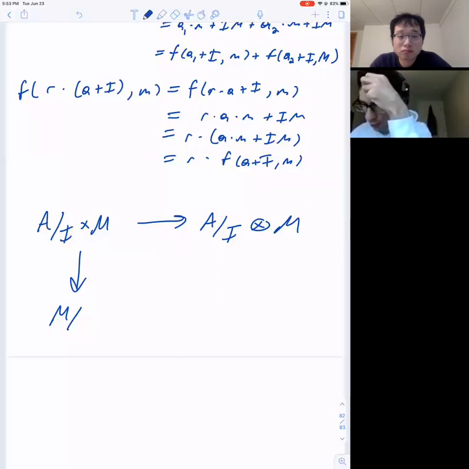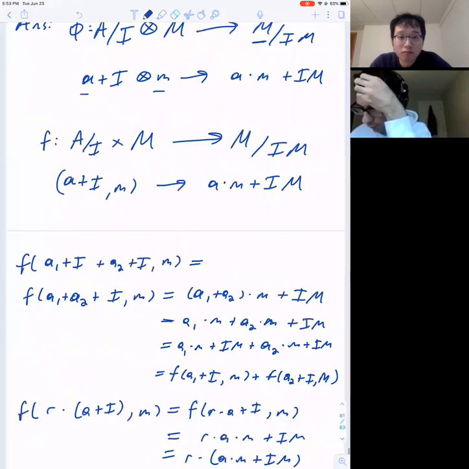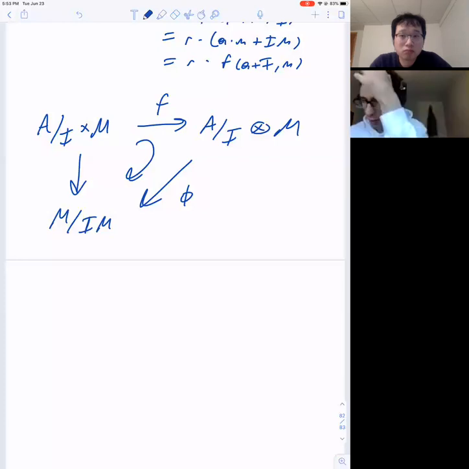And the map I'll call phi is well defined. This is F, this is a G that we defined earlier. It is commutative and everything is well defined.